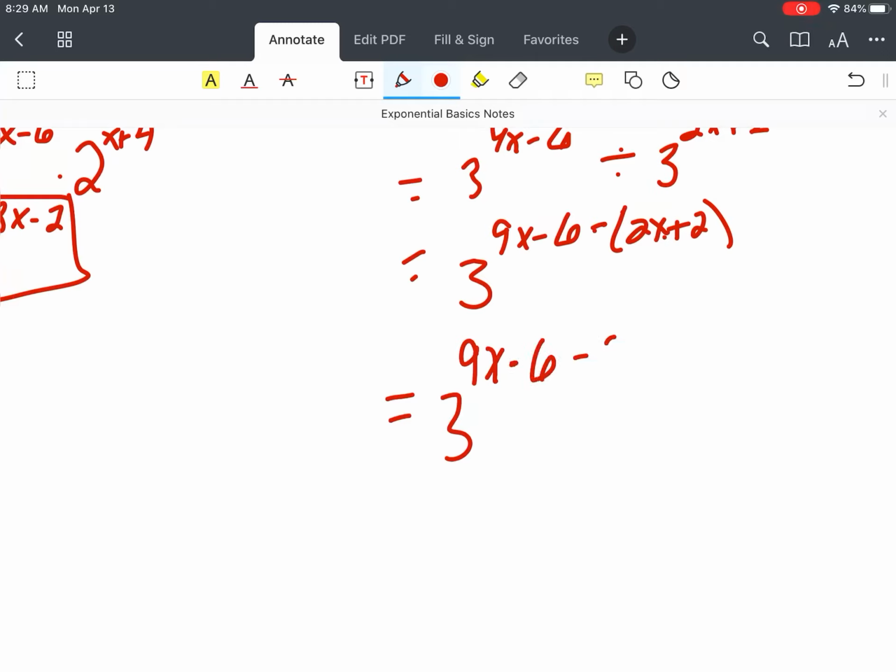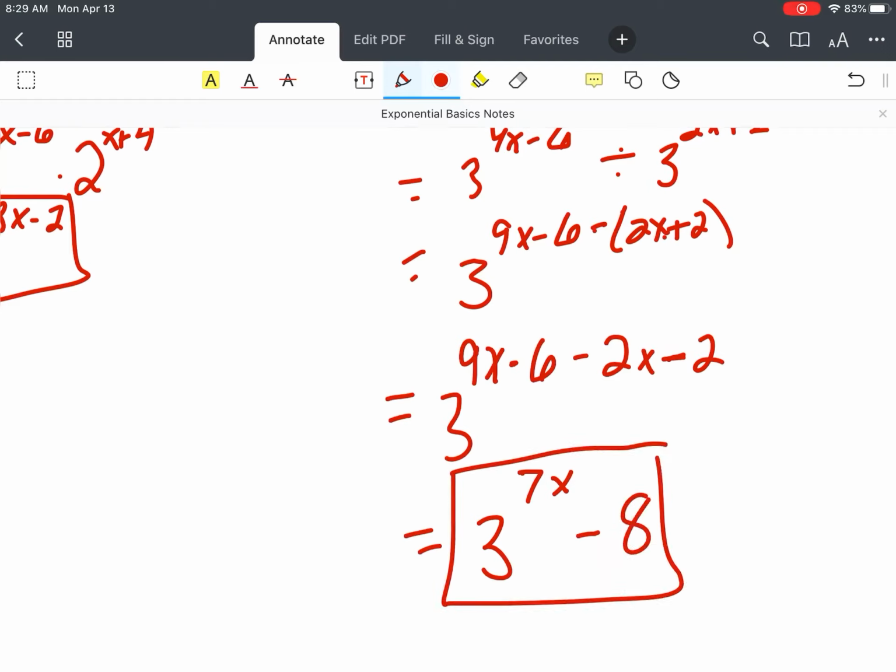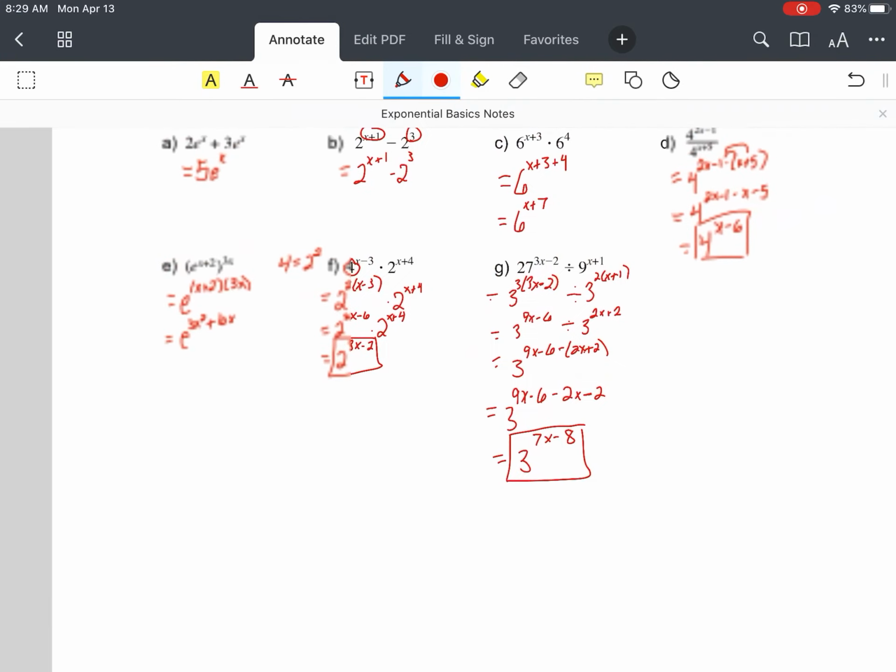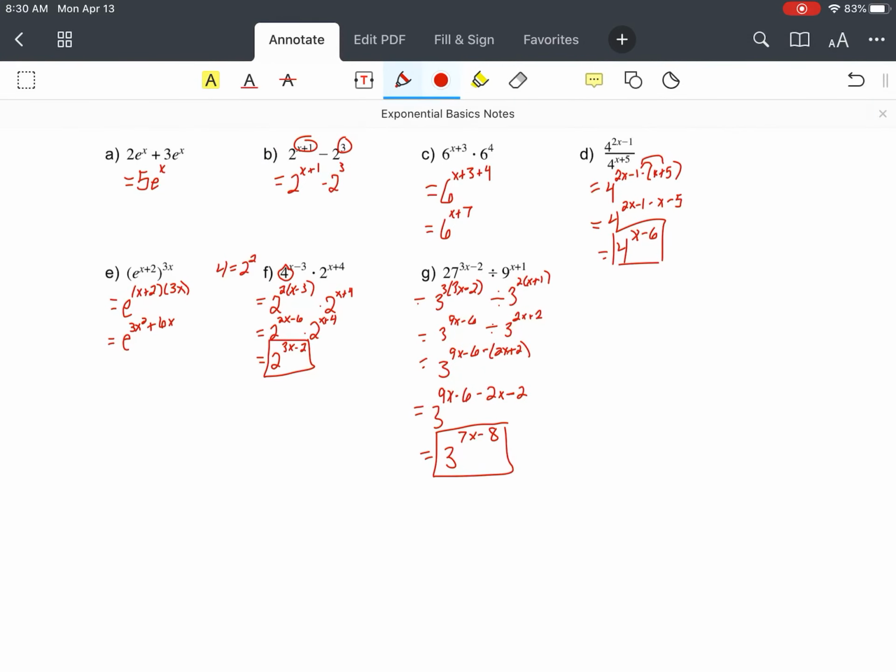So if I distribute that negative, I get 3 to the 9x minus 6 minus 2x minus 2, which is 3 to the 7x minus 8.